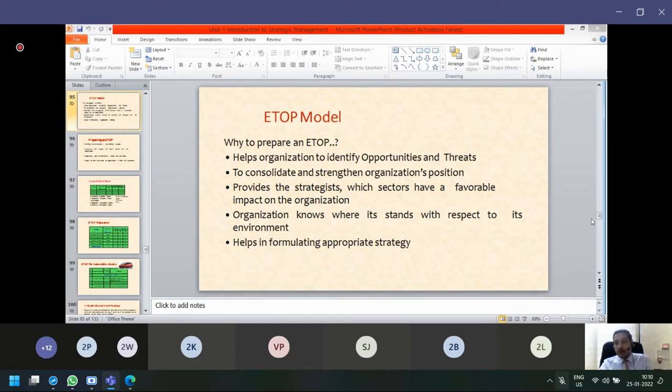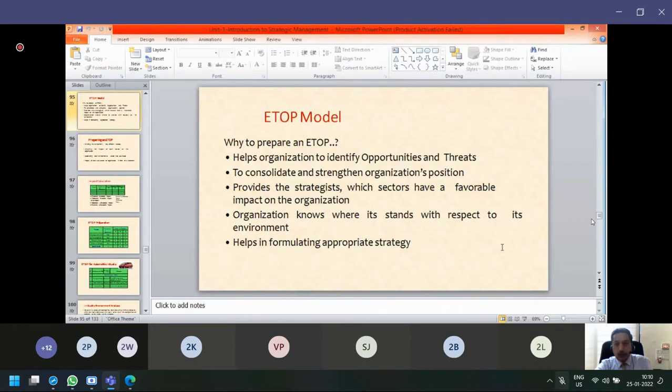That can be incorporated in our strategy, in line with all those opportunities and threats, which can help the organization to stand in the market, to survive and further grow in the market.